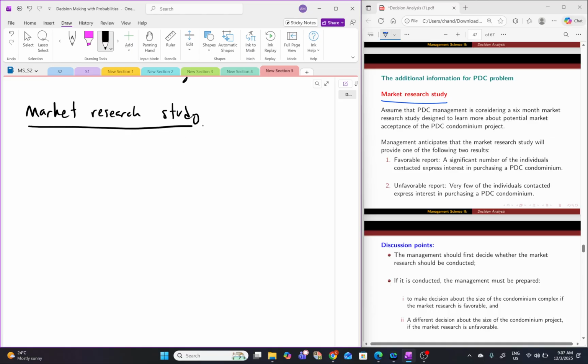Market research study will give you some more information. I call this sample info. It will give you a little bit of extra info to make your decision more precise. When you do a market research study, automatically you will get some information.